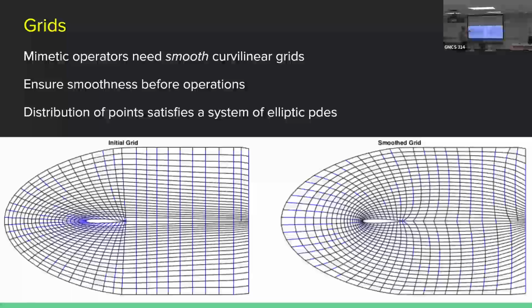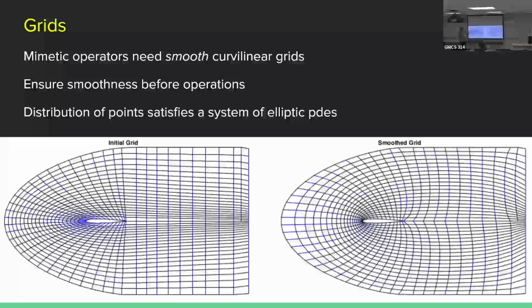I can travel from a weird 45-degree cell to this cell, but as I do it, the change between each cell is very small. That's what I mean by smooth. The difference between any adjoining cells is minimal. So the point is to make a grid and ensure it's smooth before you do any operations.